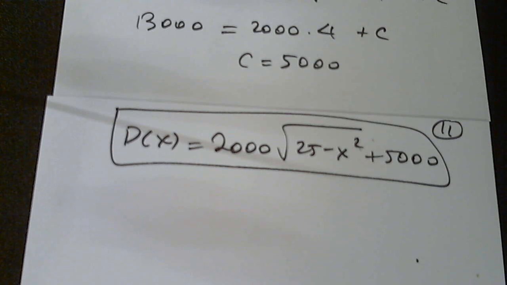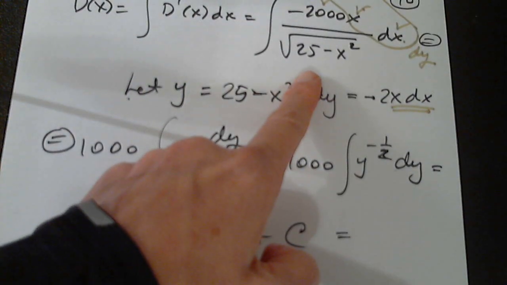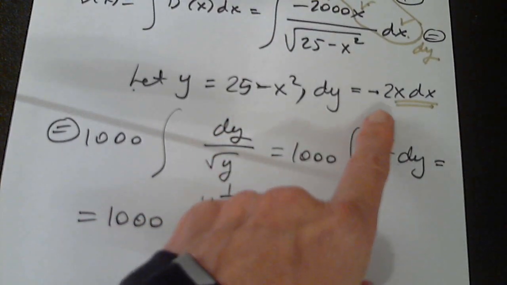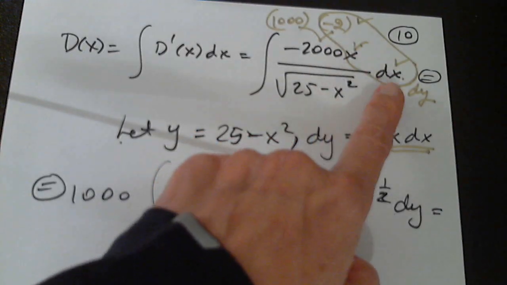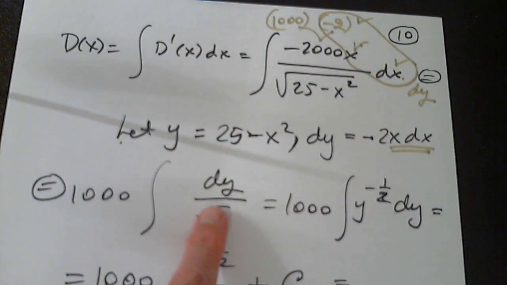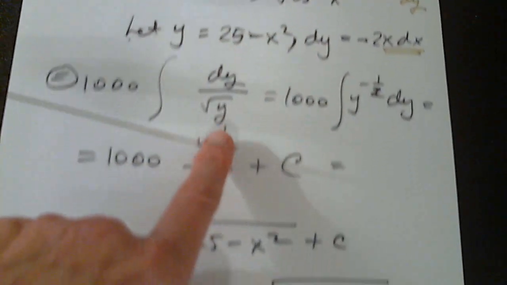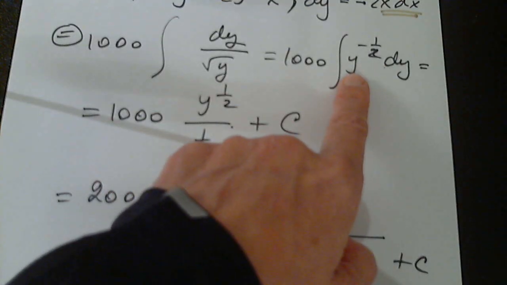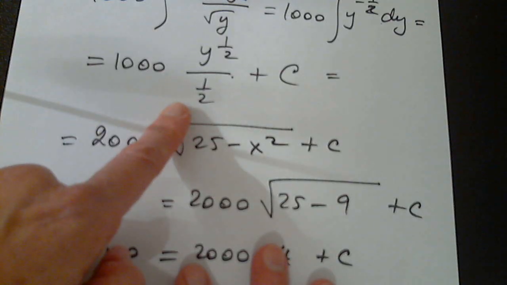How was this obtained again? From this indefinite integral, using this substitution, making sure that I obtained the negative 2x dx as dy, and 1,000 goes outside, and the denominator is the square root of y. I change the square root of y into y to negative 1/2, and then this is the antiderivative.